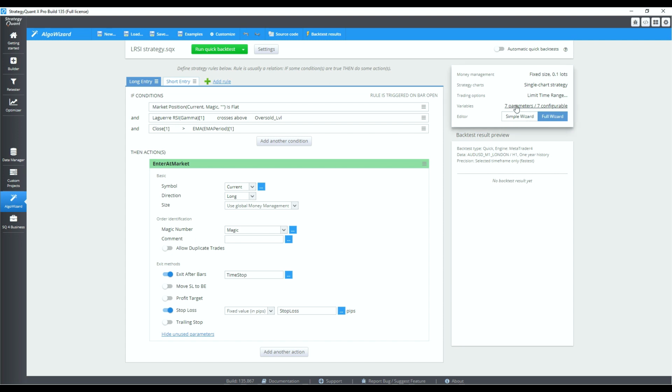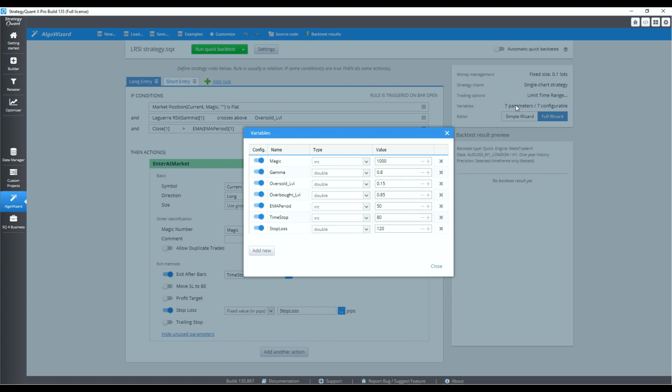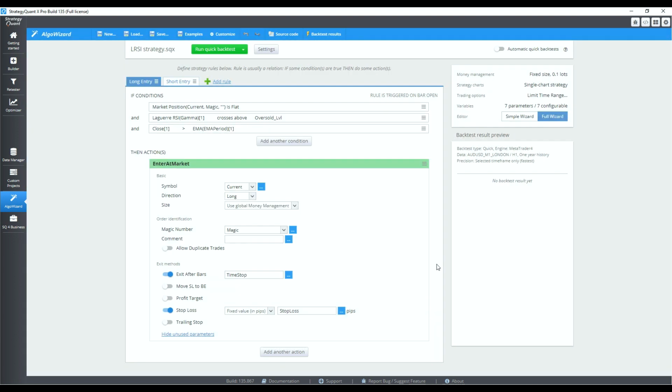Here's the list of variables I added. For the Laguerre RSI, I have the gamma and the overbought and oversold levels. The EMA trend filter has a look-back period, and for trade management, we have the time stop and stop loss. If you do not wish to optimize any of these parameters, you can skip this step and use fixed values in your entry conditions.